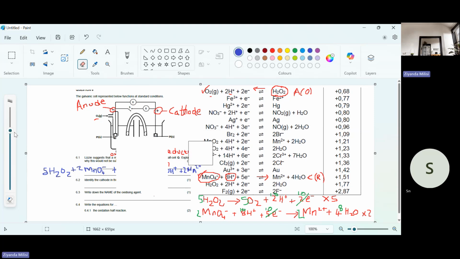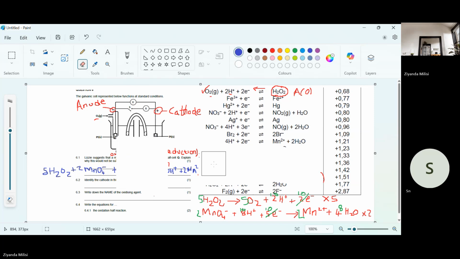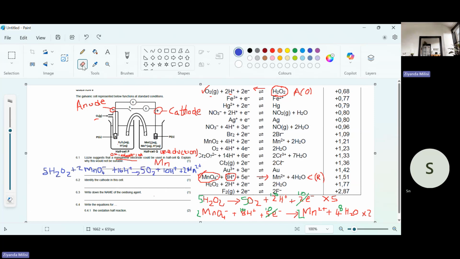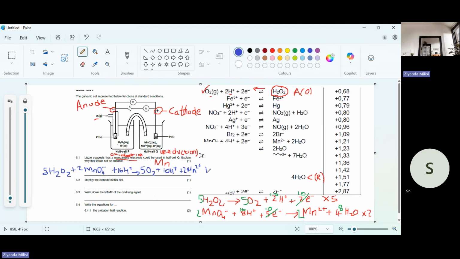Let me rub to create space. All right, plus 2Mn2 plus, who else is left? Plus 8H2O. All right.